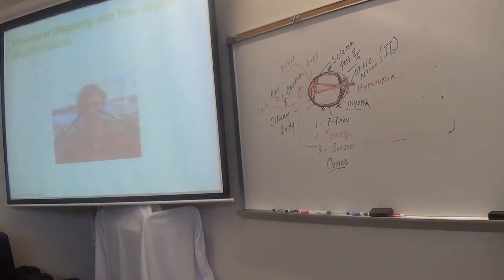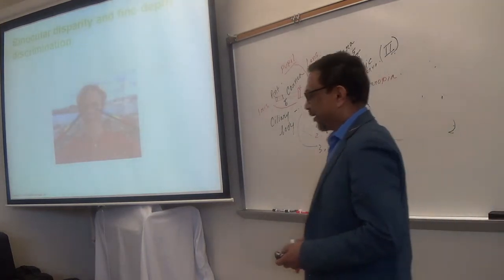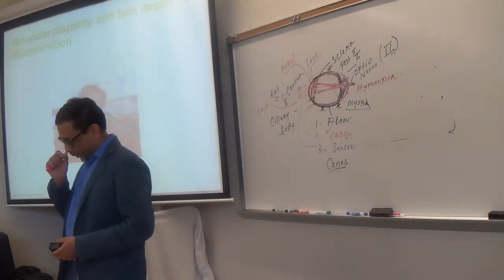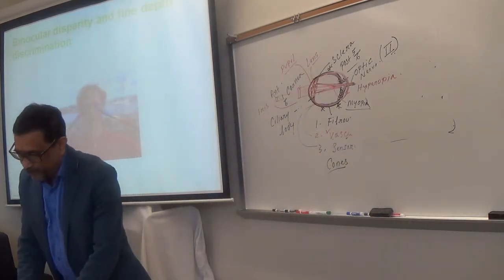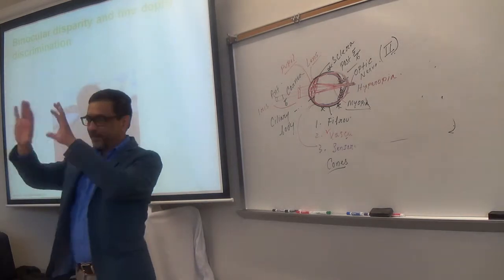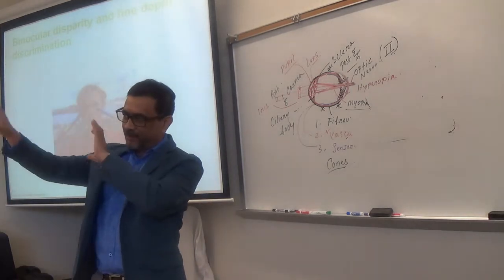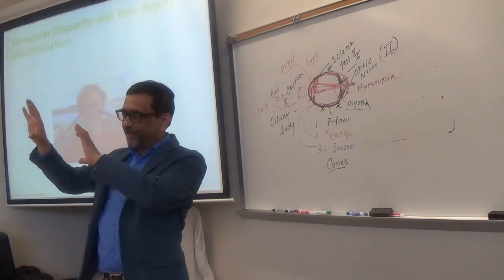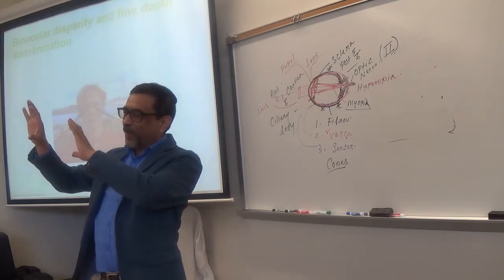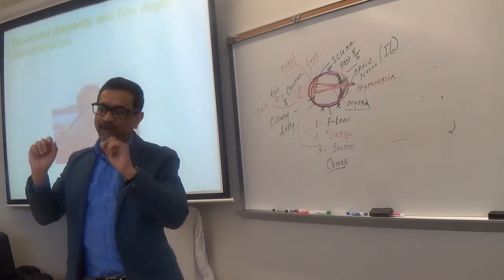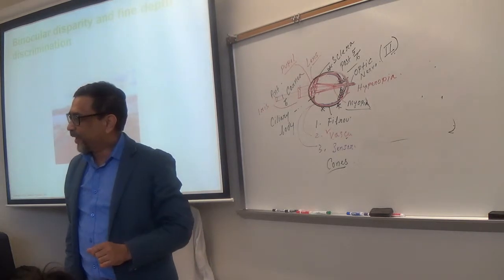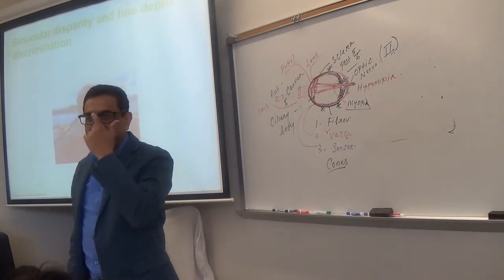Okay. Visual depth perception. I did a lot of research on visual 3D, how your brain sees things in 3D. One important clue for the brain is your two eyes.